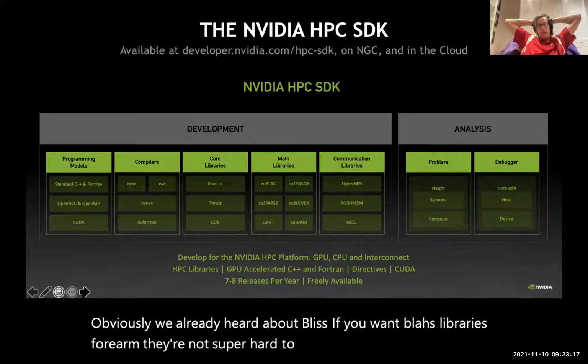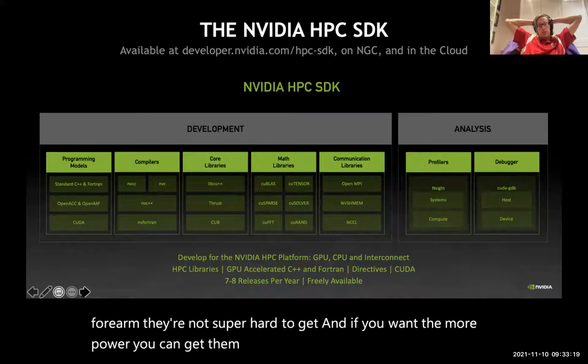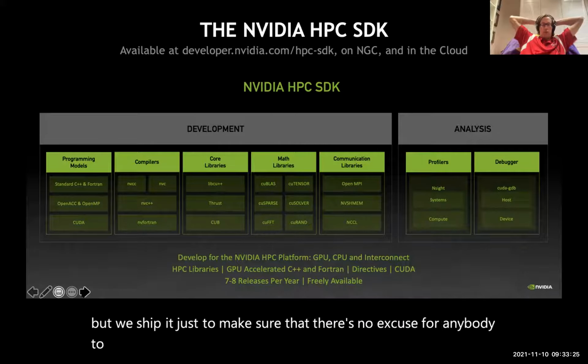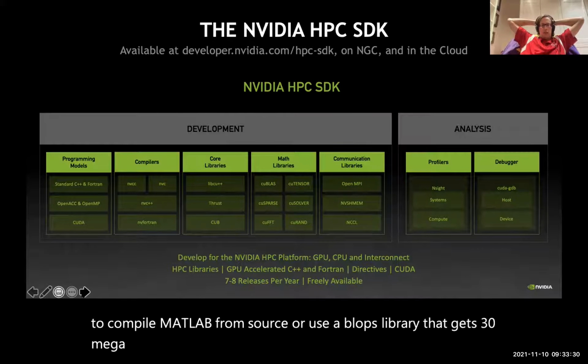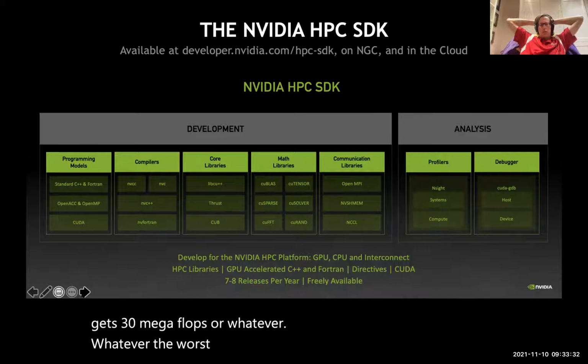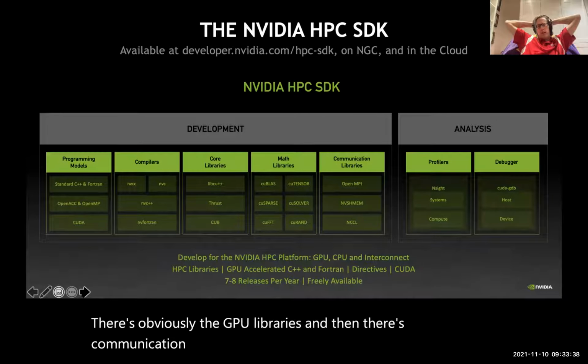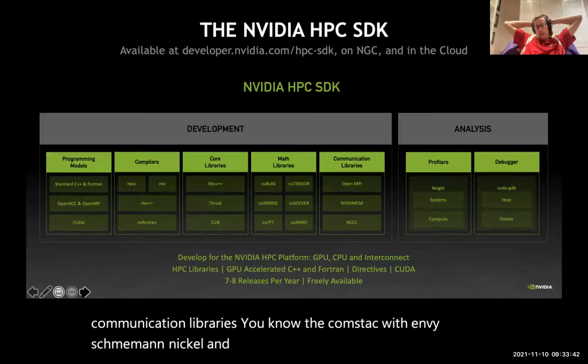And if you want them for Power, you can get them. You want them for x86, you can get them. But we ship it just to make sure that there's no excuse for anybody to compile netlib from source or use a BLAS library that gets 30 megaflops or whatever the worst case scenario is. So there's all this stuff in there. There's obviously the GPU libraries. And then there's communication libraries, the communication stack with NVSHMEM and NCCL and the like. So we ship all this stuff together.